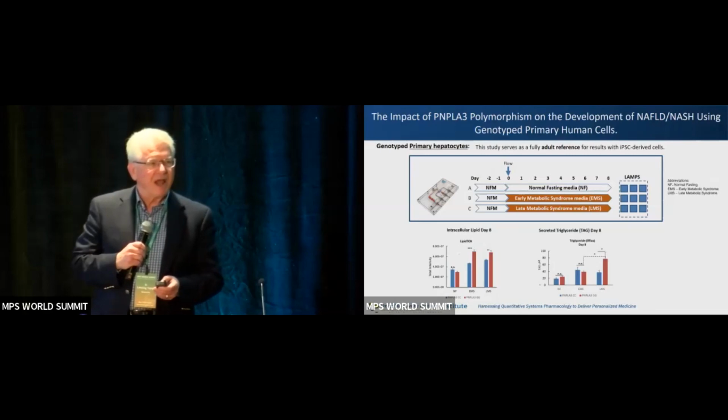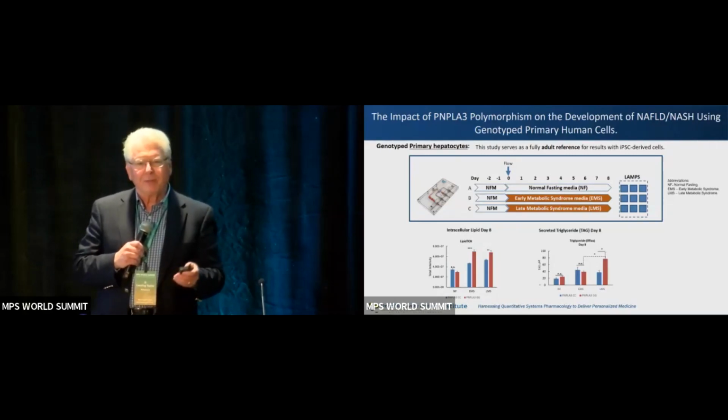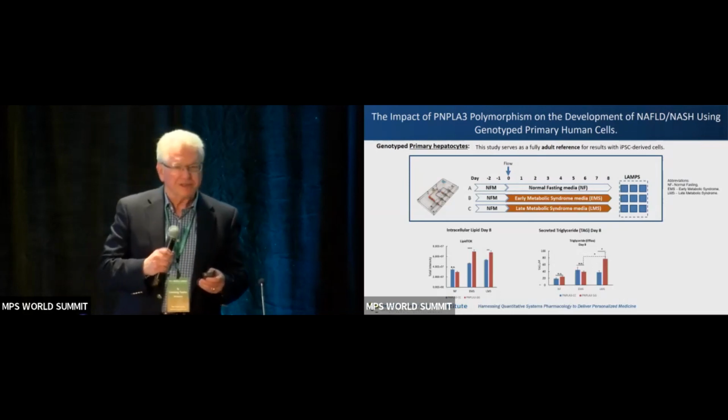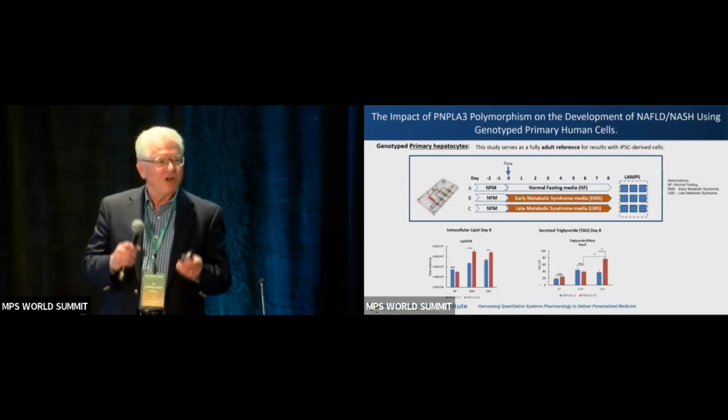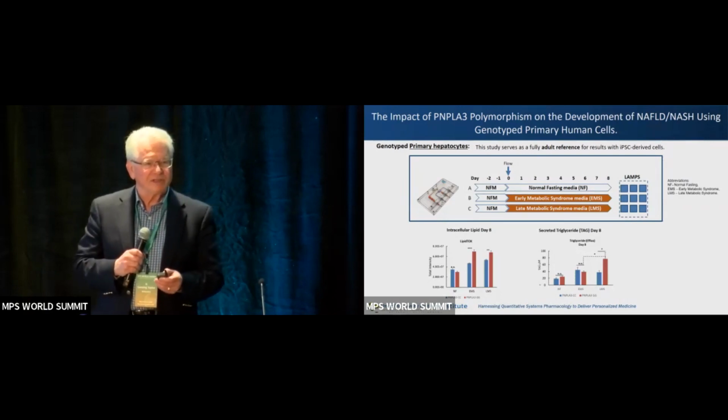Importantly, and this is a philosophy that I think is important, before doing iPSC-derived studies in CHIPs, we think that you need to define the adult reference point using primary cells.